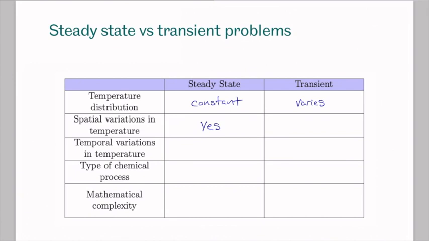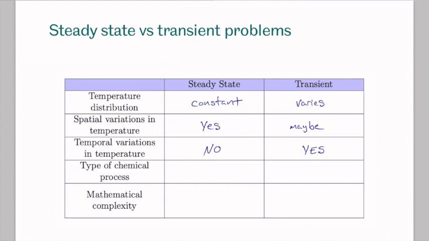A transient problem may have spatial variations, but it doesn't necessarily have to. A steady state problem is not going to have variations in the temporal domain, which is the time domain, because it's at steady state. But a transient problem certainly will have temporal variations.